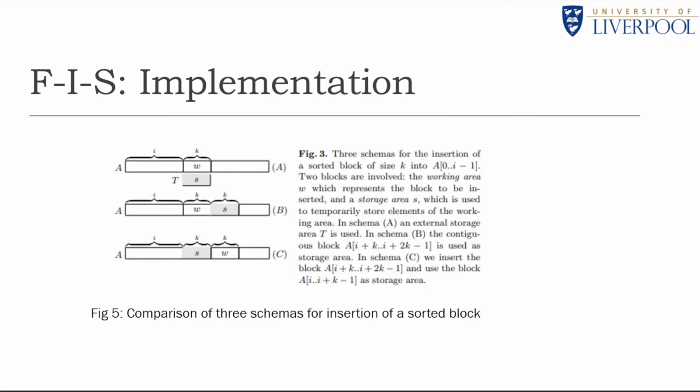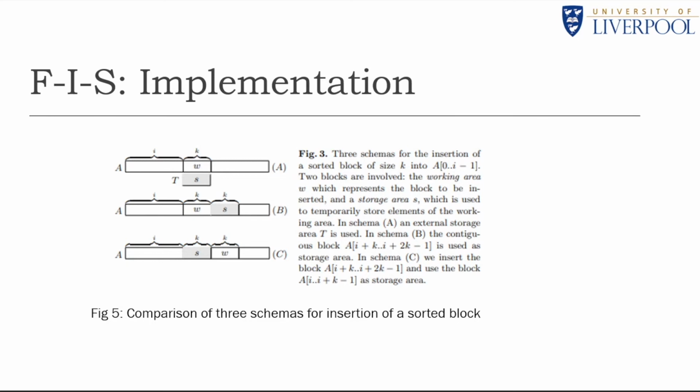So looking at this figure 5, we see that two blocks are involved. The working area W, which represents the block to be inserted, and a storage area S, which is used to temporarily store elements of the working area. In the first schema, A, an external storage T is used. This is consistent with the code explained in the previous slide.